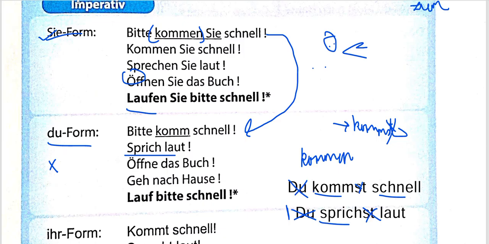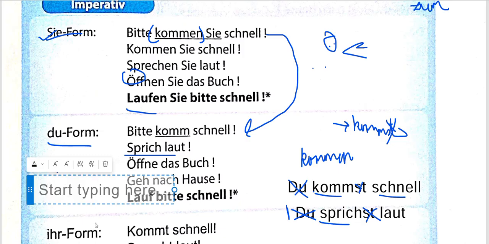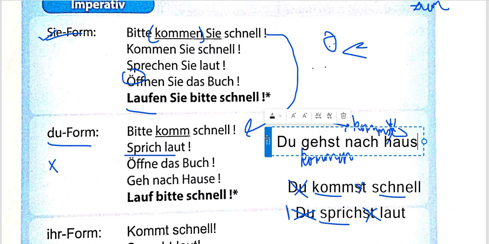Speak loud. So if I have "Öffne das Buch", du with umlaut, I cannot write umlaut in text, so we'll take the next word, which is gehen. Gehen nach Haus. So let's say we have "Du gehst nach Haus". Now take a look at this sentence. Is this sentence big?